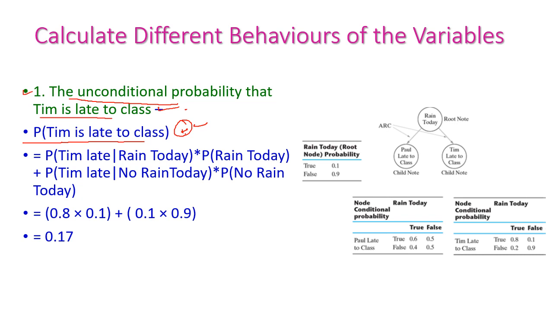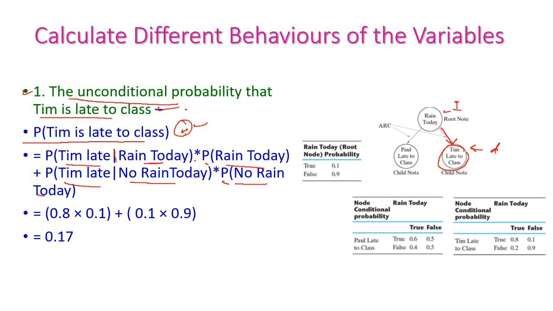This is equal to P of Tim late to class given rain today, because Tim late to class is the dependent variable and rain today is the independent variable, multiplied by the probability of rain today, plus P of Tim late to class given no rain today, multiplied by P of no rain today.